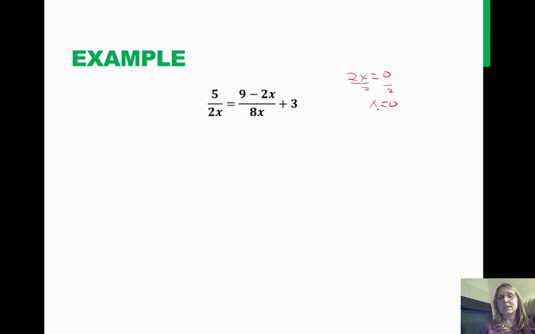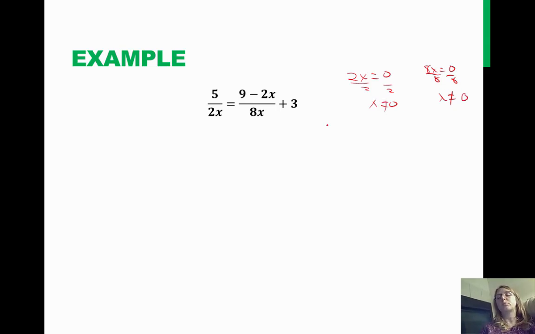So x is not going to be able to be 0 ever in this problem. And if you notice, it would be the same thing for 8x here. If I set 8x equal to 0 and divide by 8, again, x cannot be 0. Okay? So it can be any number but 0.